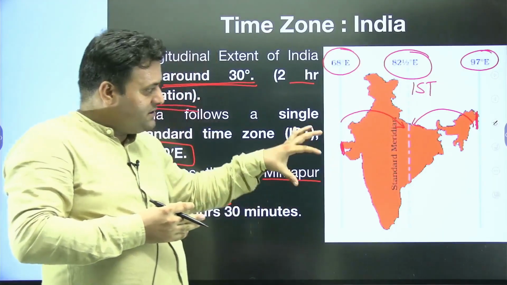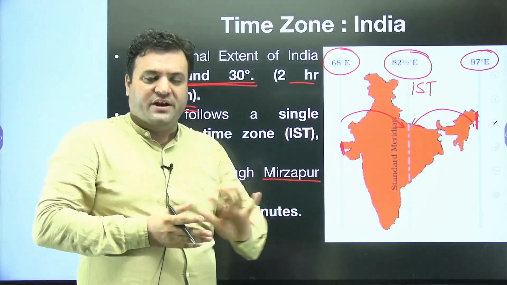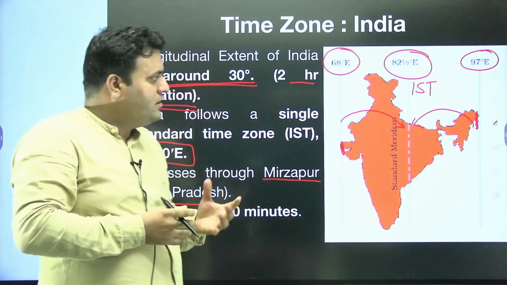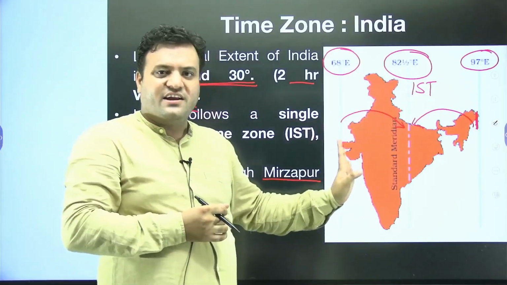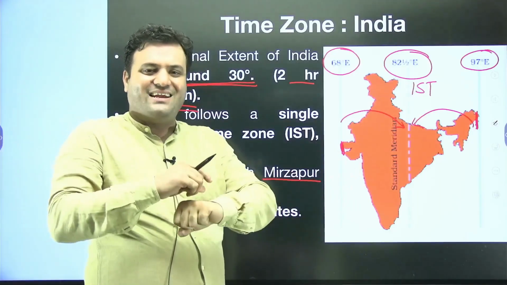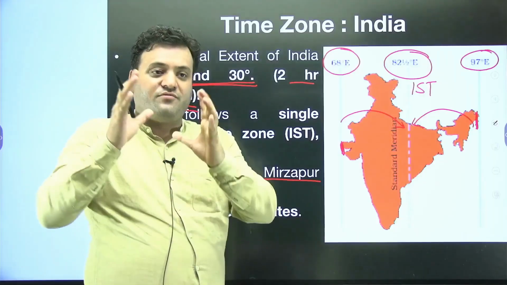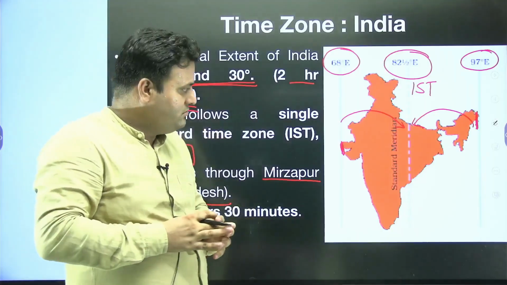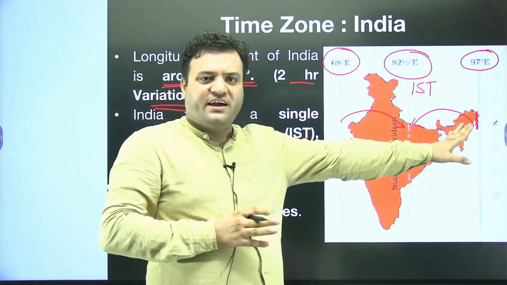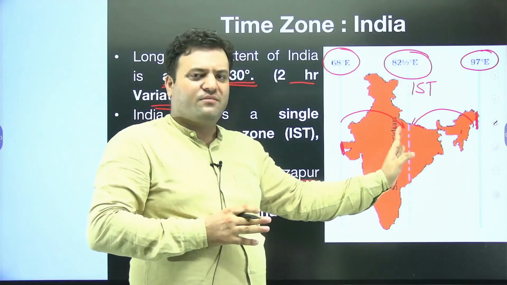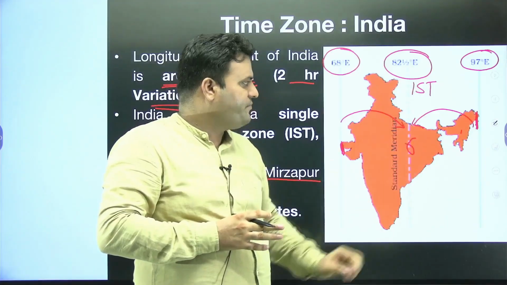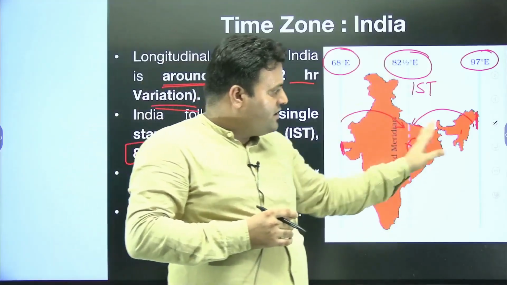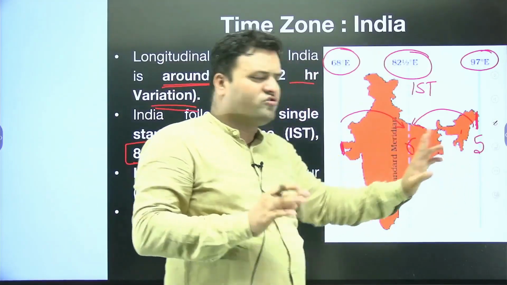But this is becoming a problem nowadays. Not a problem I would say, but a problem because of the geography. It's because of the Indian Standard Time. We have just adjusted the clocks. However, the circle of illumination is interacting in the same way. How? Here in northeastern India, suppose the sunrise is taking place by 6 o'clock here. We have taken a time period from this way, and here we will have 5 o'clock, almost 1 hour difference.